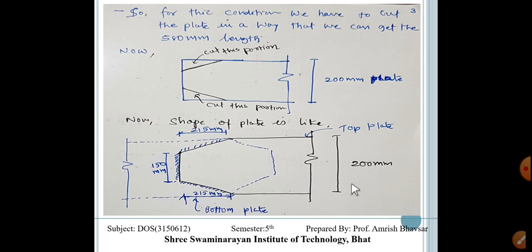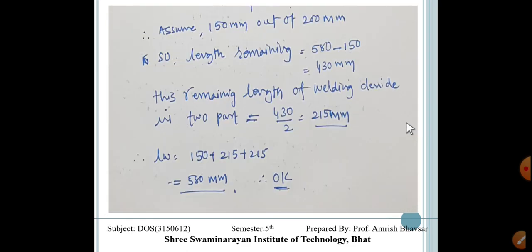In every condition, whenever we can't get the length of welding, at that time we must cut the member, making the angular area from which we can get the welding. So assume 150 mm cut as we discussed. So the length of remaining is 430, and we have to divide it in two parts.